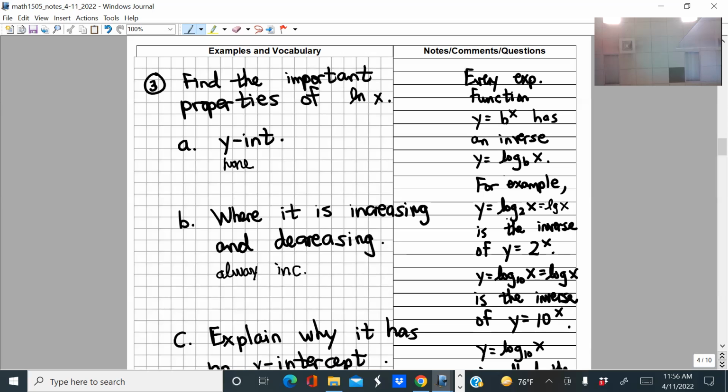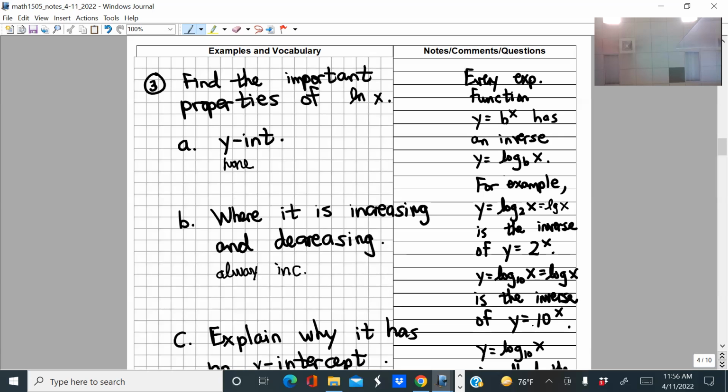You'll also see log base 2 sometimes abbreviated as lg. That means a binary logarithm, the inverse of 2 to the x power.